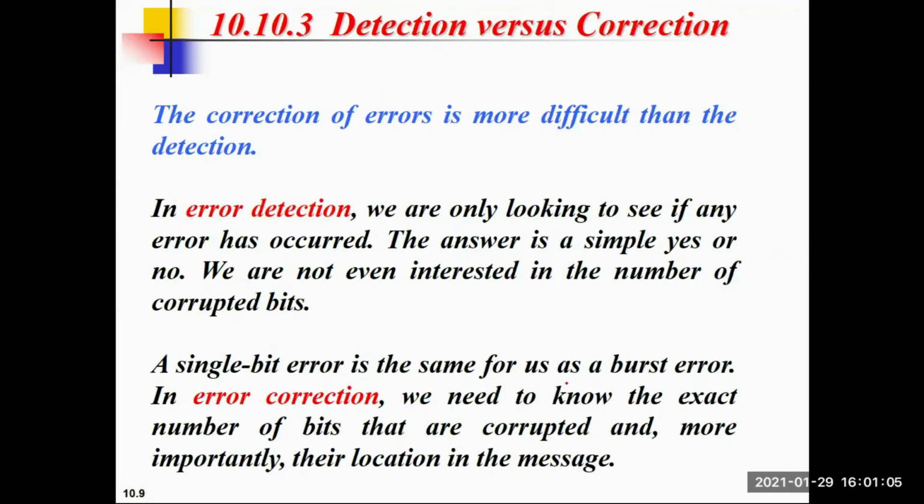For a single bit error and a multiple bit error, the correction of those two are equally difficult. So in error correction, we need to know the exact number of bits that are corrupted during transmission, and more importantly, their location in the message.